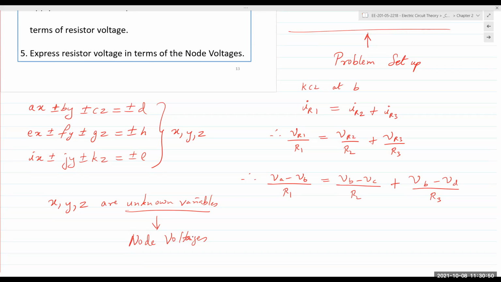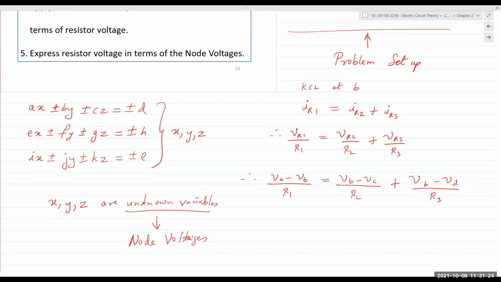Does that make sense to everyone? A, B, C, D, E, F, G, H, I, J, K, L would all be constants. There will be some numerical value. And XYZ would be, for instance, VA, VB, VC. So it might be like 10 VA minus 5 VB plus 6 VC is equal to minus 10, something like that, just random numbers.